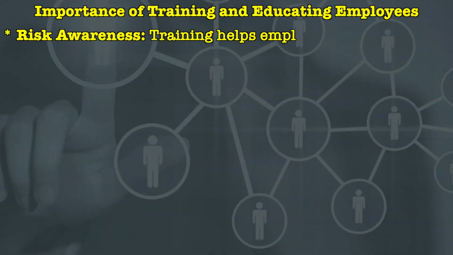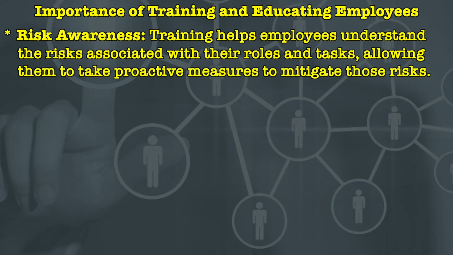Training and education play the most vital role in ensuring a safe and healthy work environment. Well-informed employees are better equipped to identify hazards, follow safety protocols, and respond to emergencies. Let's see this in detail. First is risk awareness.